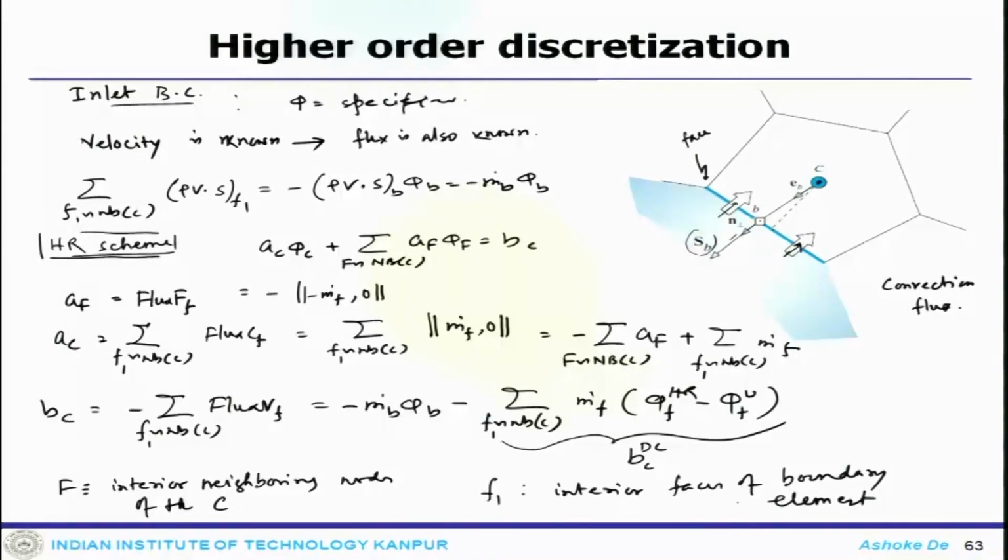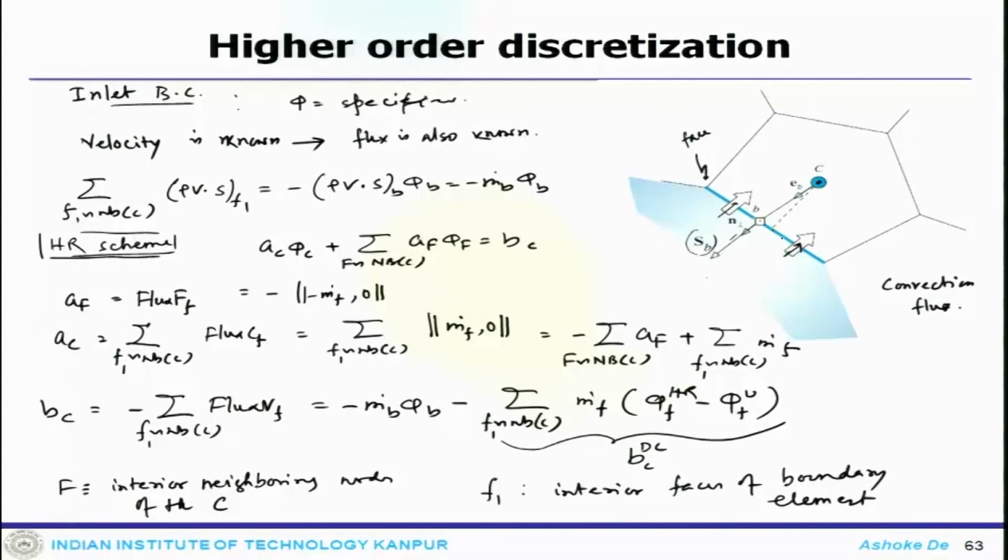Now, for interior nodes we are using the higher order, or higher resolution, schemes. So obviously, when you come down to the boundary, you do not have the information from the other side. To apply the HR scheme, you require some modification, which is the deferred corrections, and which will come as a source term in the discretized equation.